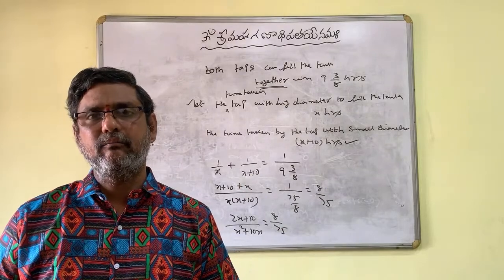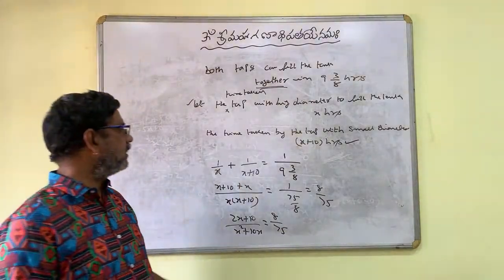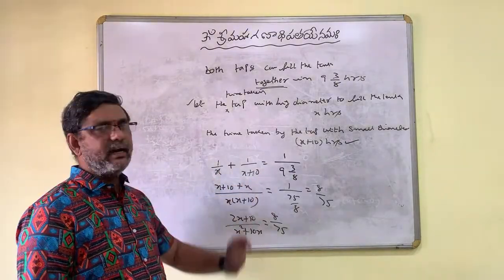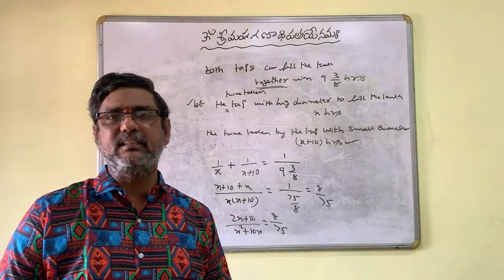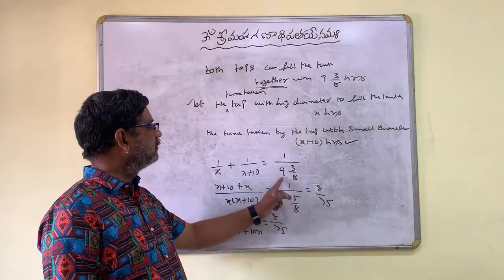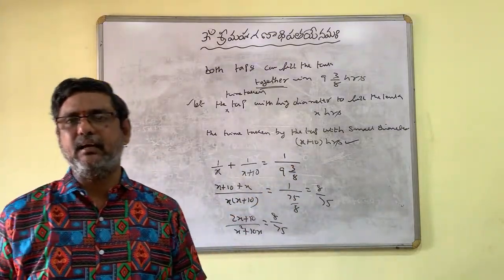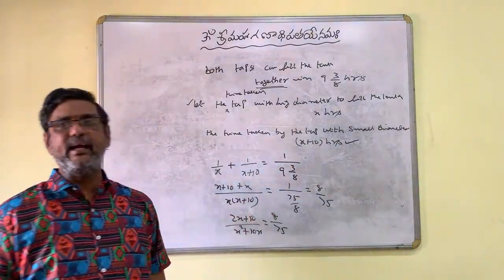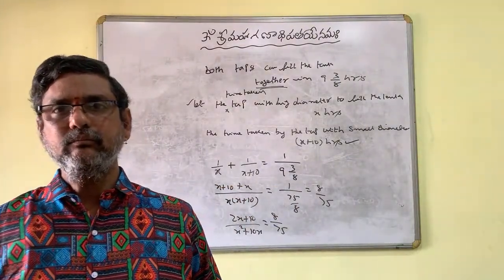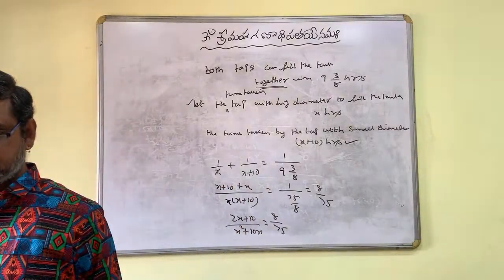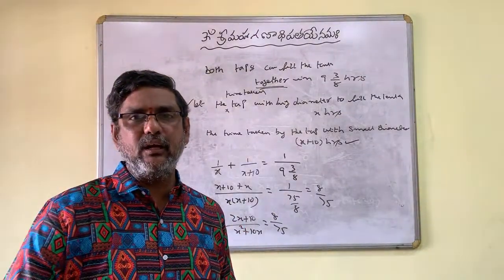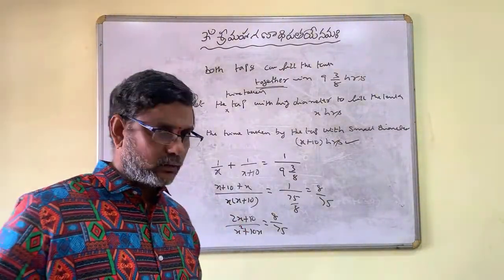Since they are running together, 1/x plus 1/(x plus 10), then 1 hour out of total work is completed. Is that right? Total work can be completed in 75/8 hours. So 1 out of 75/8 hours is completed. Understand, children? Now you need to do cross multiplication and simplify to get a quadratic equation.